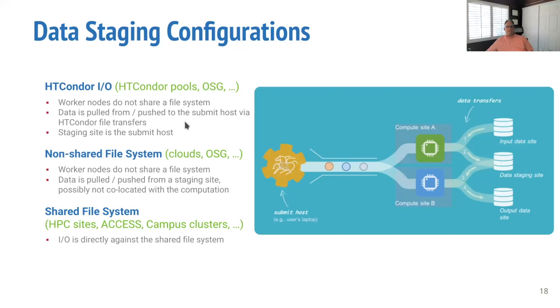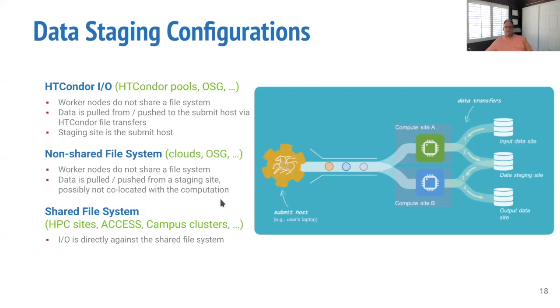But the downside is that we are mostly limited to the submit host when we do this. There are some exceptions like OSDF and Stash, but in general, all the data gets pulled and pushed against the submit host.